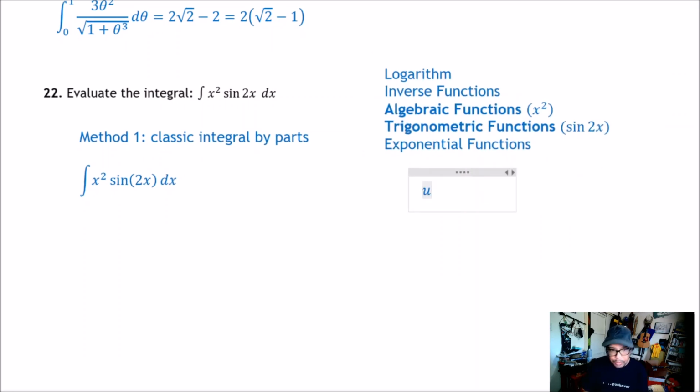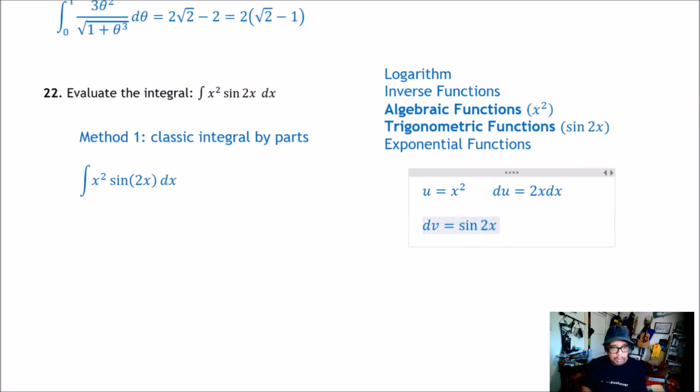So I'm going to say u is equal to x to the second power, which means necessarily that du is going to be equal to 2x dx. It's also going to tell me that dv is going to be equal to sine of 2x.